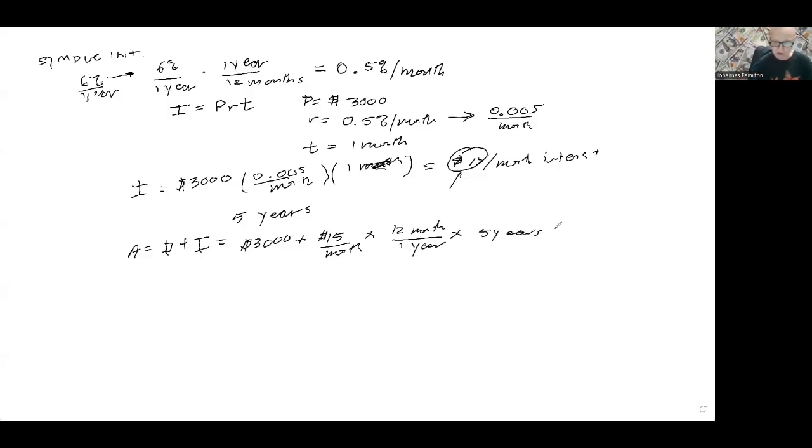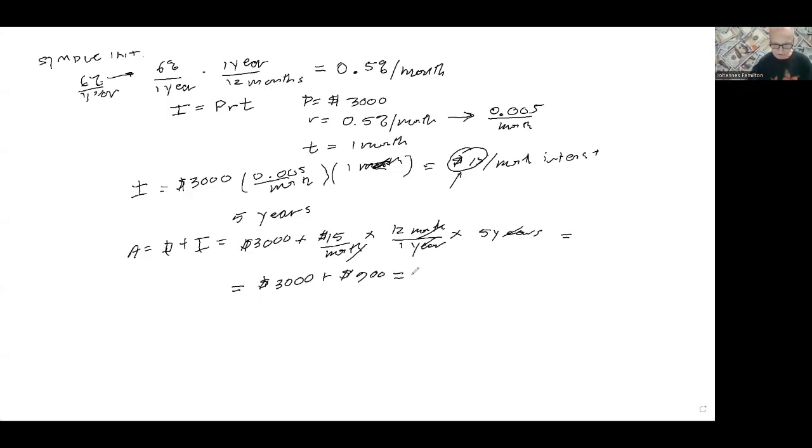So we multiply all that out and we cancel out the months and the months and the years and the years. And we end up with our accumulated amount as $3,000 plus $900, meaning in 5 years, that's how much we have.